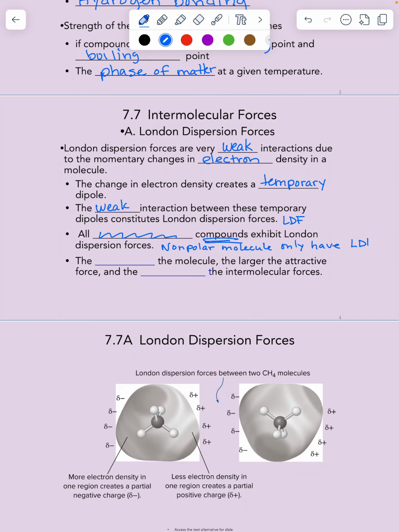So sorry for that mistake there. Nonpolar molecules, the only type of interaction they have is LDF. But all compounds, all molecules can have some form of London dispersion force. The larger the molecule, the larger the attractive force, and the stronger the intermolecular forces.